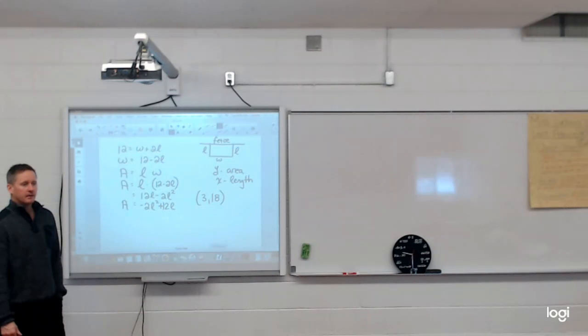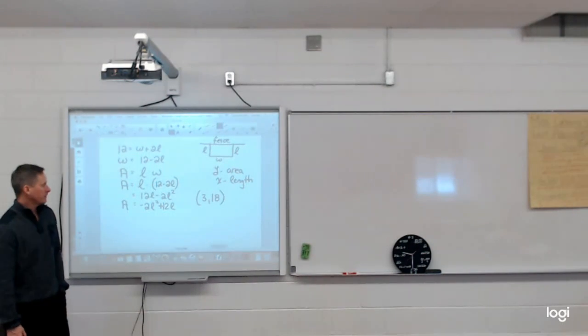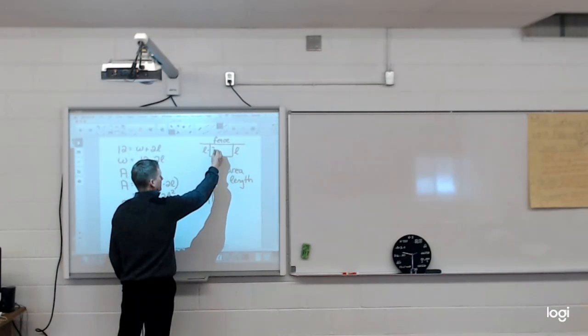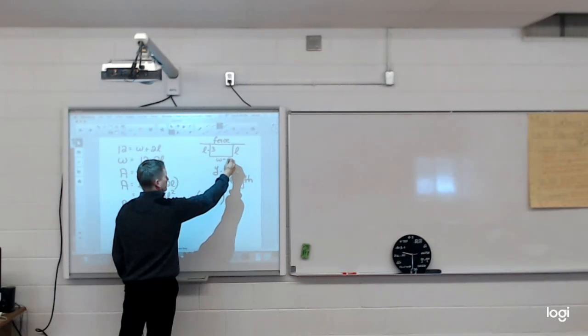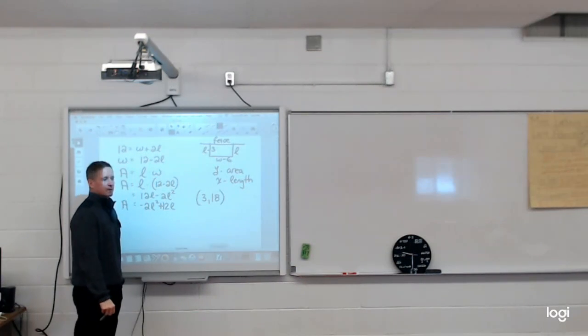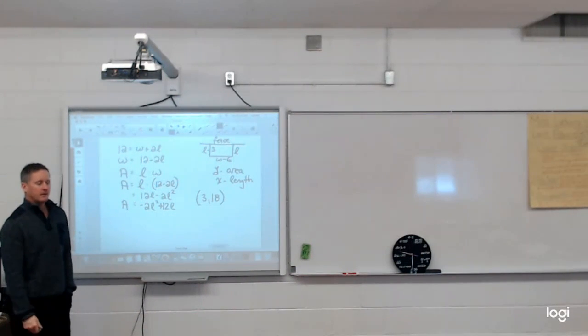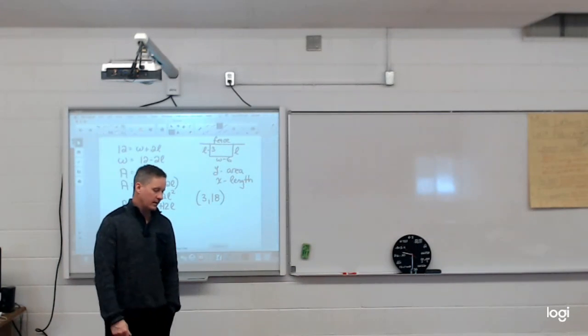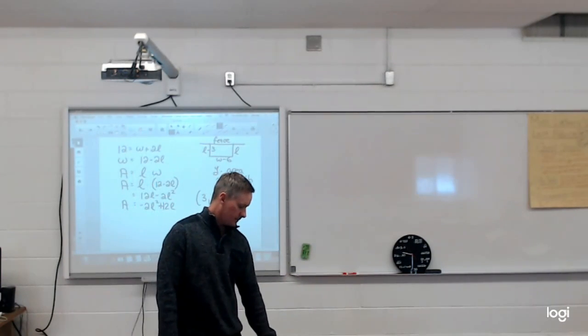All right. And in order to get my maximum area, what does my length have to be? 3. So if that's 3, what's my width? 6. Okay. So those are the questions that we are going to have to do.